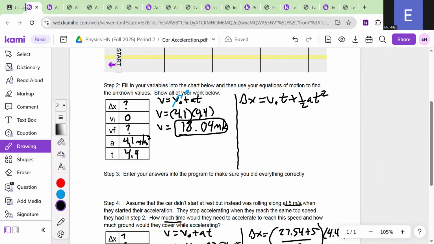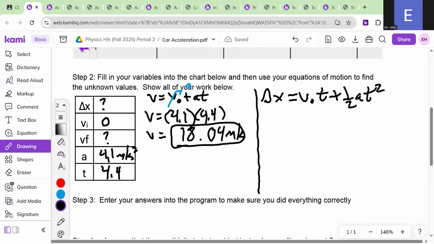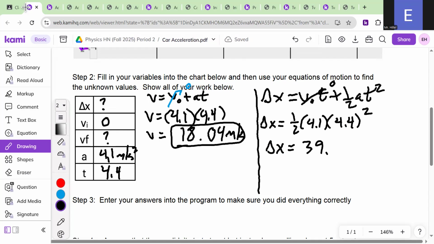So that's okay. Let's figure it out. So my displacement is going to be my V naught T. So V naught is 0, so that whole middle part does go away. 1/2 times my acceleration, 4.1, times my time, 4.4 squared. Let's see if I get this better. 4.4 squared times 4.1 divided by 2. I'm looking at 39.7 meters.